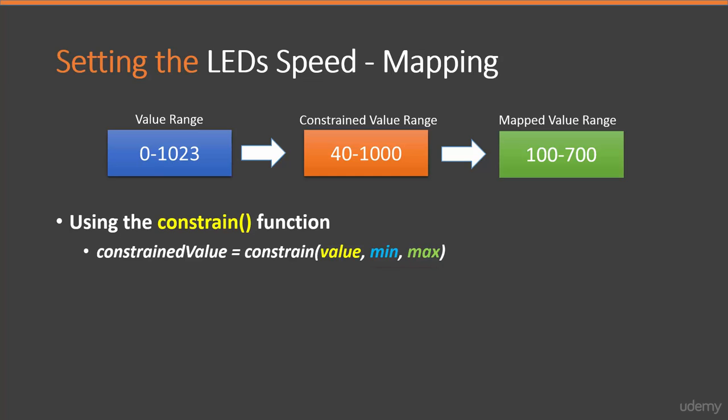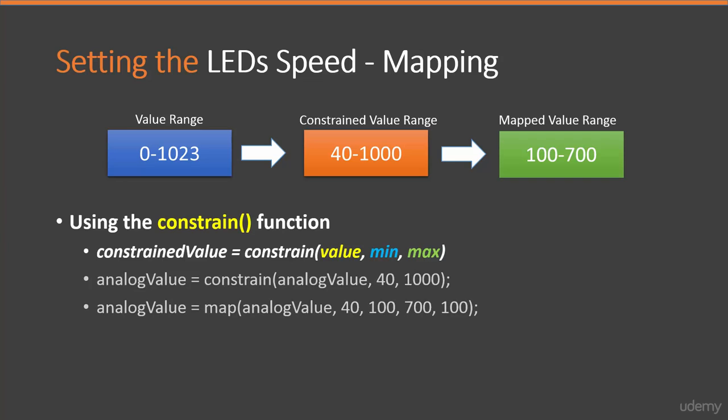Now, let's say that after analyzing our data, looking at the ranges being returned by our sensor, we find that the minimum reported value is around 40 and the maximum is around 1000. We could constrain these values before remapping them to a new range. So taking for example the following code.